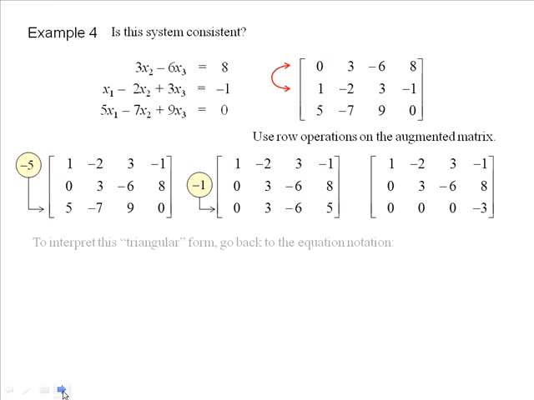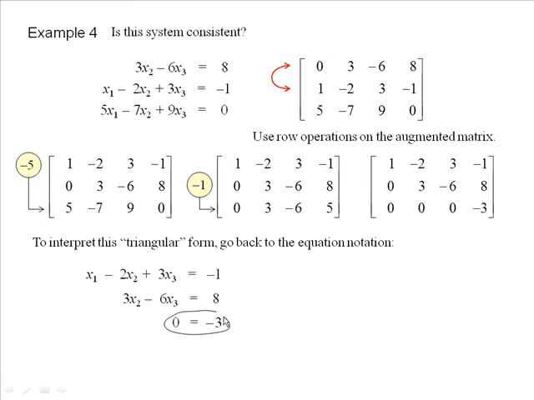And if we rewrite this in our equation form, we see that our last row gives us the equation 0 equals -3. This is never true. It's a contradiction. 0 cannot be equal to -3. When something like that happens, we say the system is not consistent.